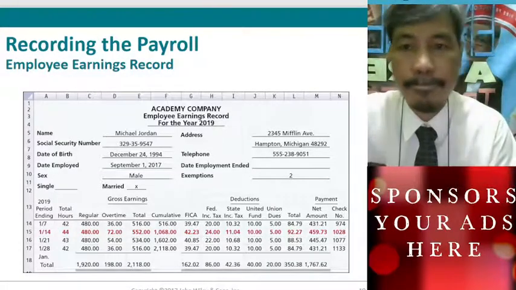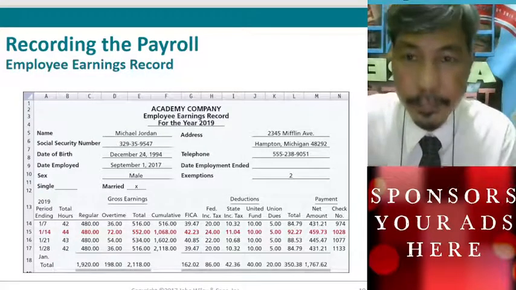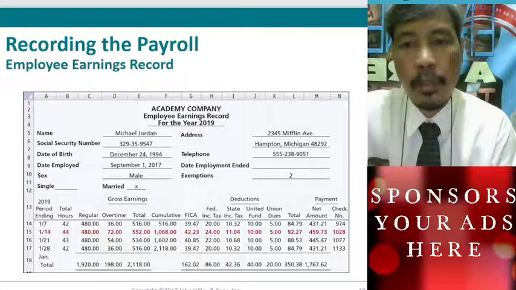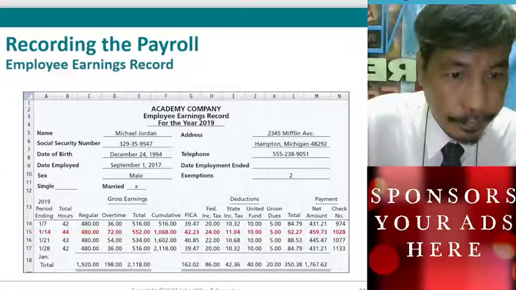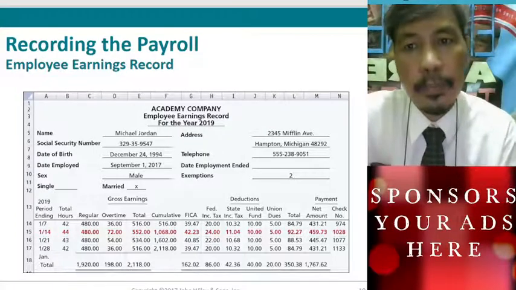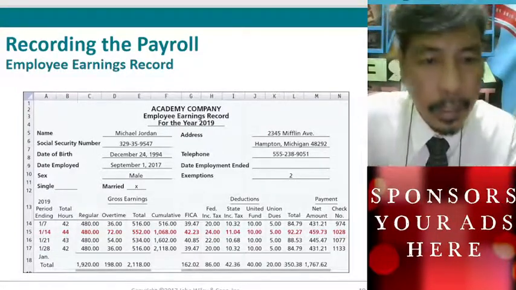You are receiving this amount, 100,000 pesos. So this is 350. So 350, that is what?